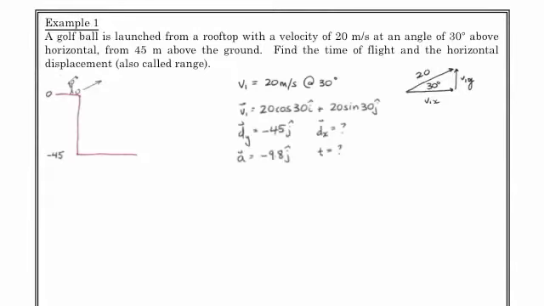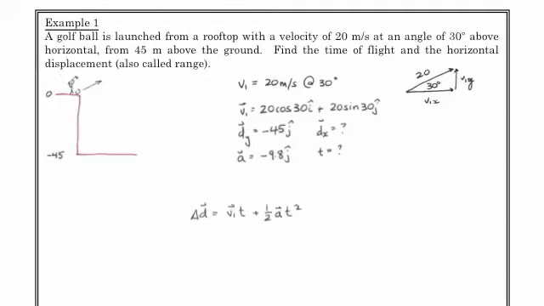And if we resolve it, V1 can then be 20 cos 30 I hat plus 20 sine 30 j hat. Our displacement in the y direction is minus 45 j hat. Our acceleration is in y, so it's minus 9.8 j hat. Our range in x we don't know. And our time we don't know.